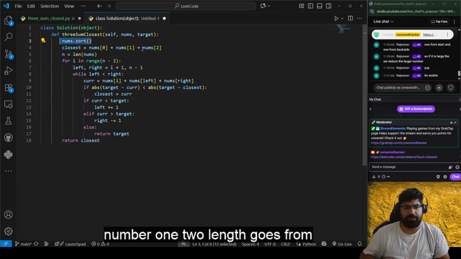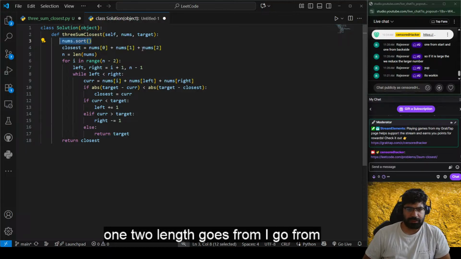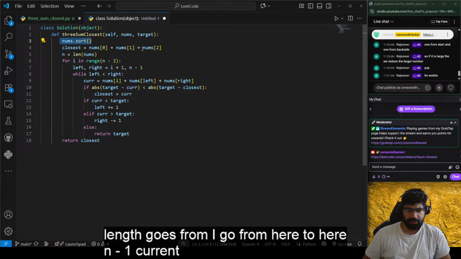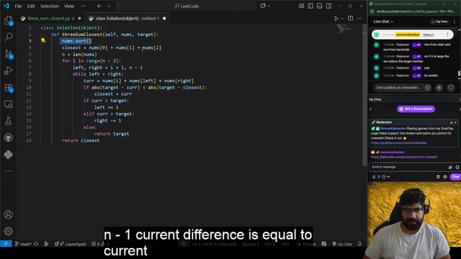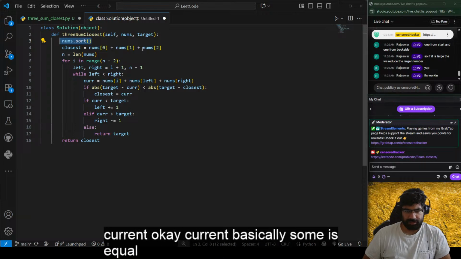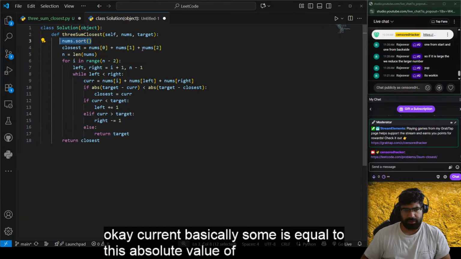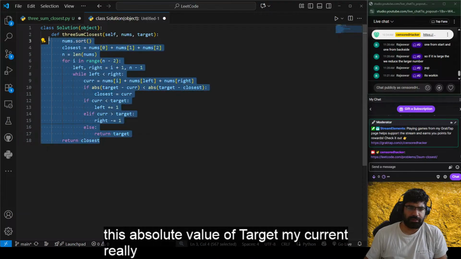Length goes from i, goes from here to here, n minus 1. Current difference is equal to, okay, current sum is equal to this, absolute value of target minus current. Really? I'm actually curious.